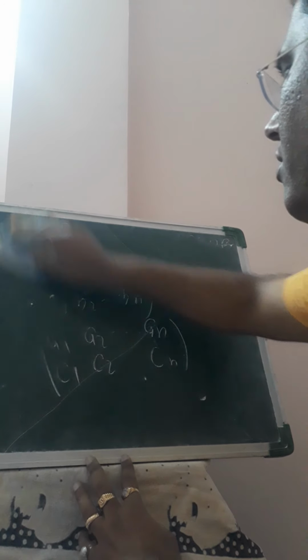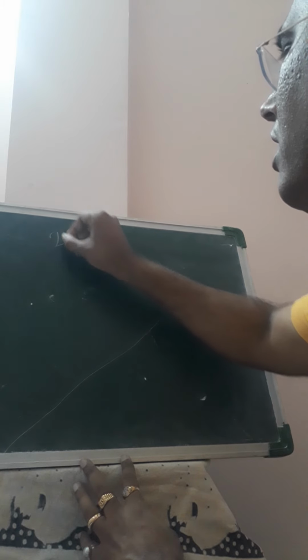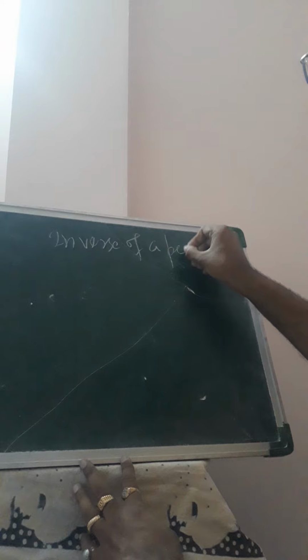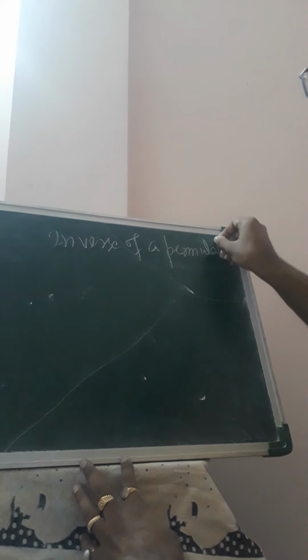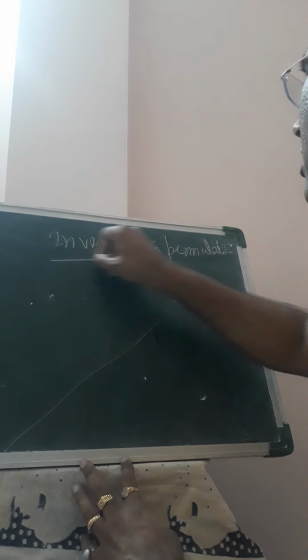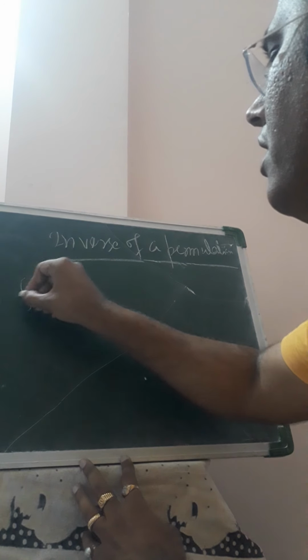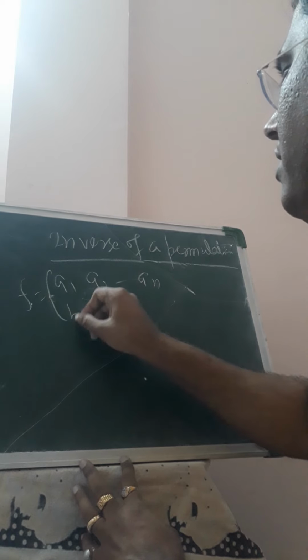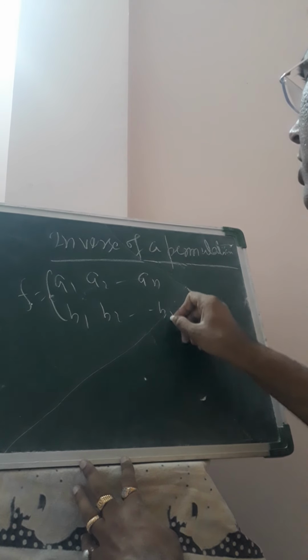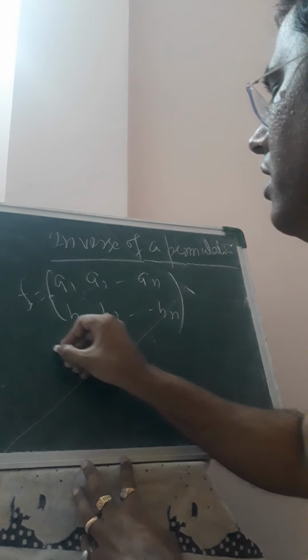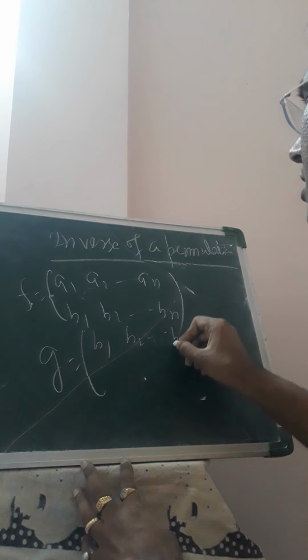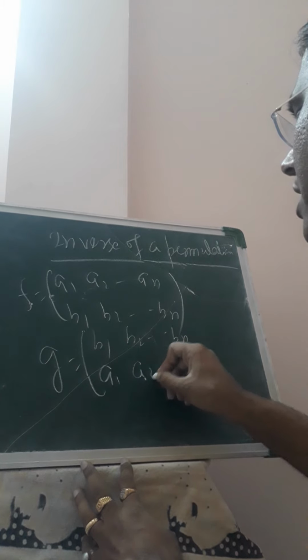Now we will study the inverse of a permutation. Suppose f is equal to a1, a2, ..., an over b1, b2, ..., bn, a permutation on n symbols, then the permutation g is equal to b1, b2, ..., bn over a1, a2, ..., an.